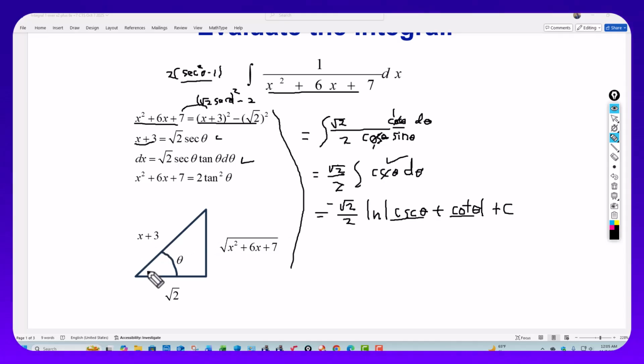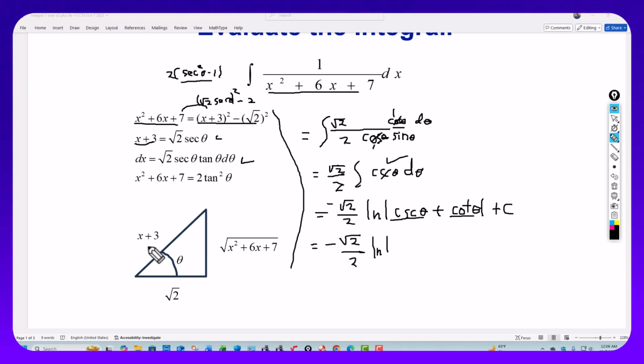These are this triangle, and then we'll finish. Because we're always going to give the answer in terms of the original variable. So here's what we have. Still got the minus the square root of 2 over 2. And then it's the natural log of absolute.